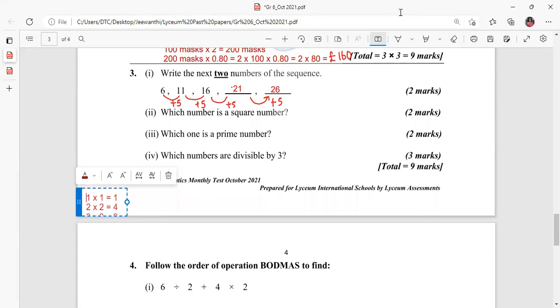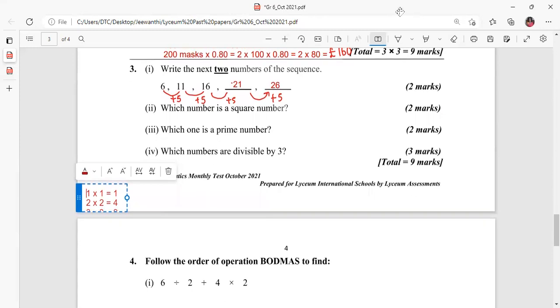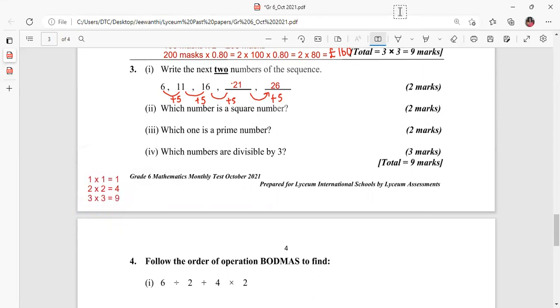The square numbers. Wait, I will move it up like this. Right. So then what are the square numbers? You have 1, 4, 9, 16, 25, 36, 49.